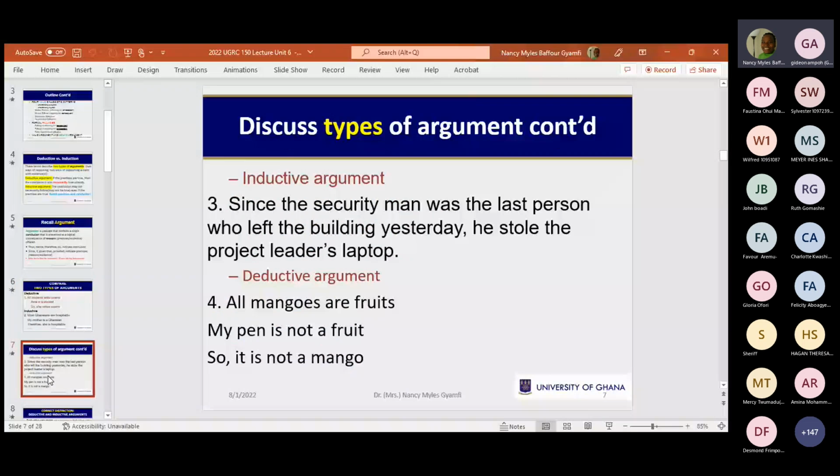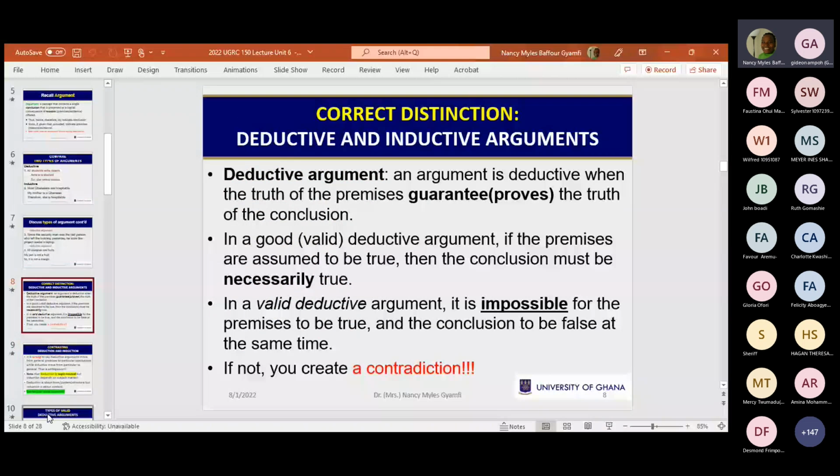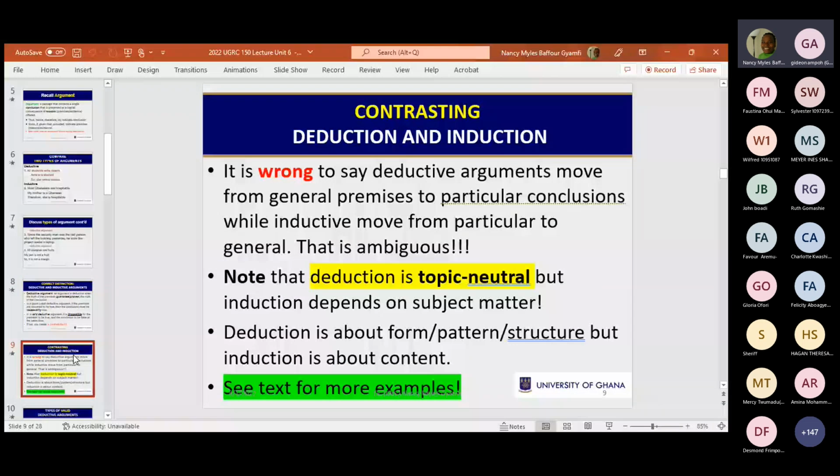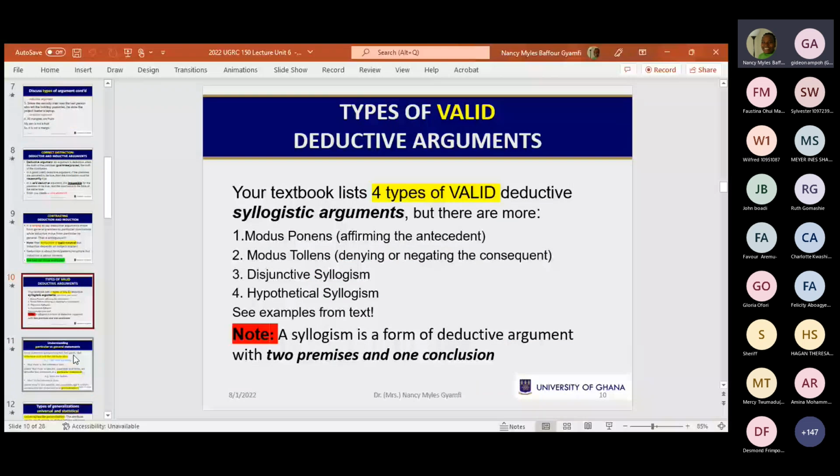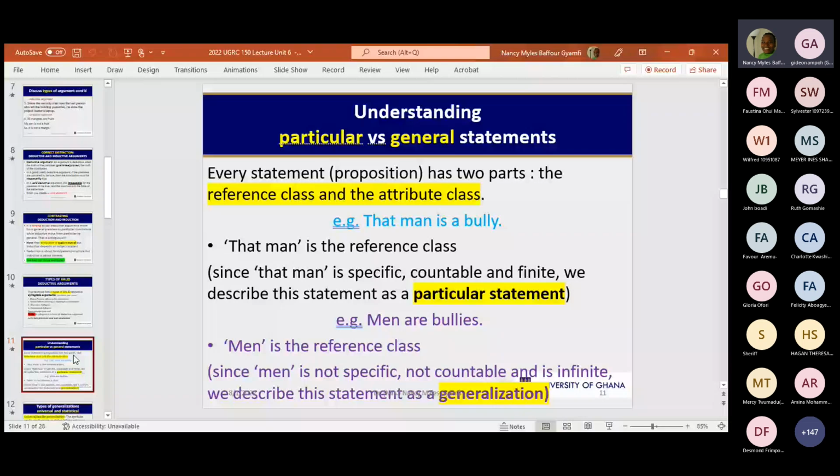You can identify the antecedent and consequent of a statement, you know the premises, and you can distinguish it from the conclusion of an argument. See what I'm doing? One at a time. That's how you learn. Particular statements versus general statements.